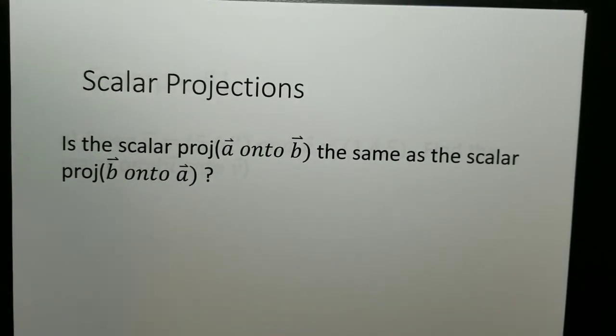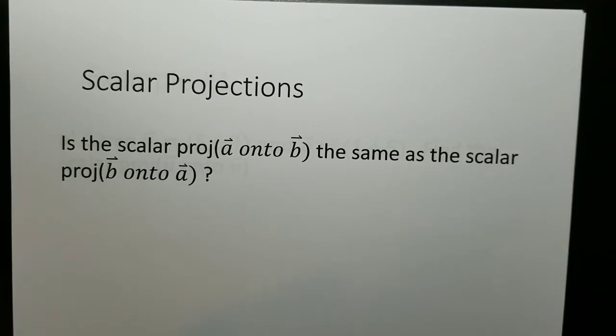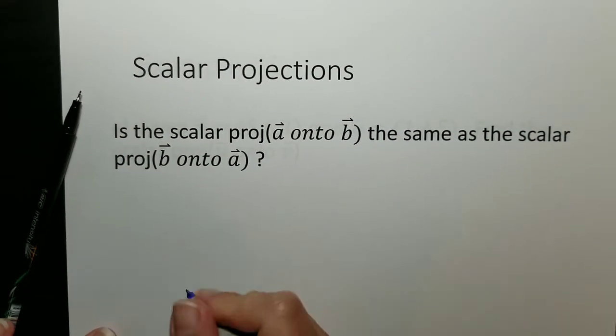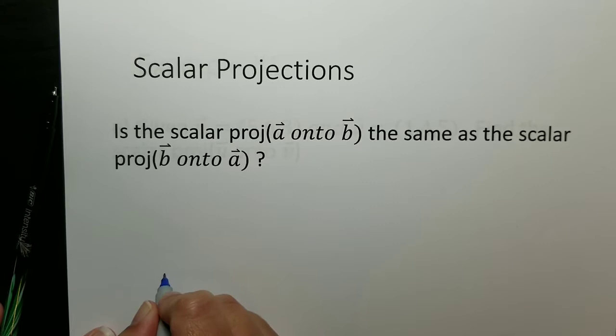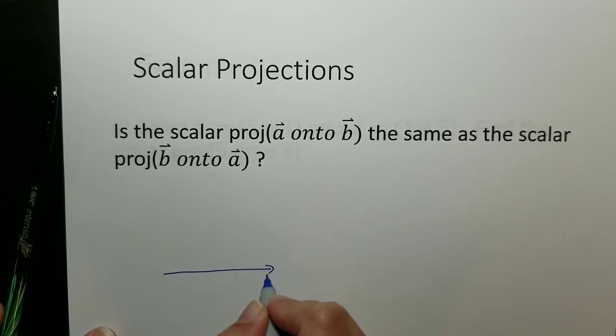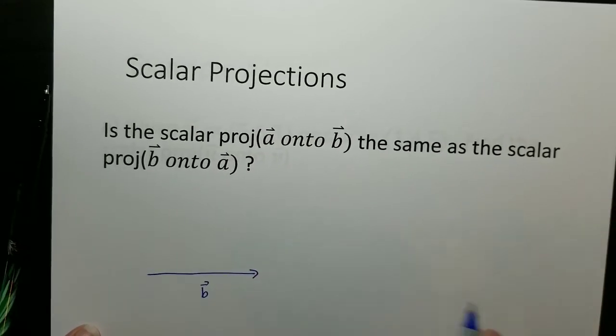So I wonder, can we figure out if the scalar projection of A onto B is the same as the scalar projection of B onto A? We're going to do a numeric example of this, but let's do a diagram first and see what our prediction is.